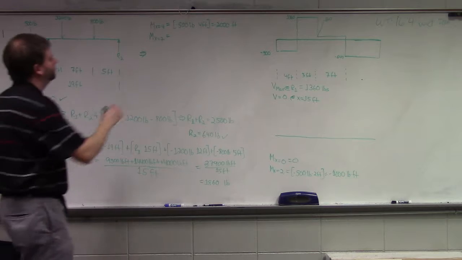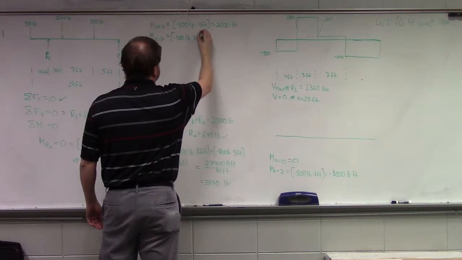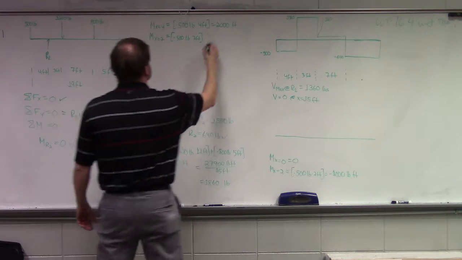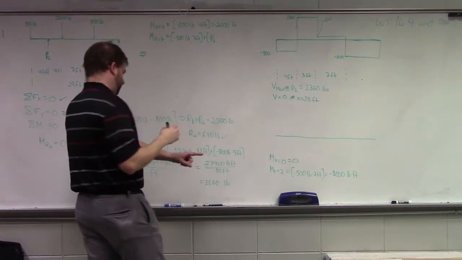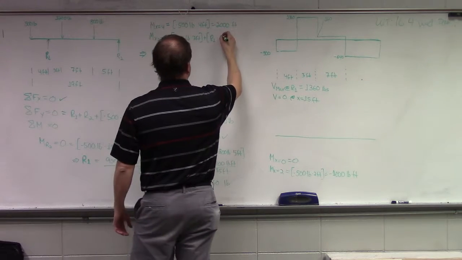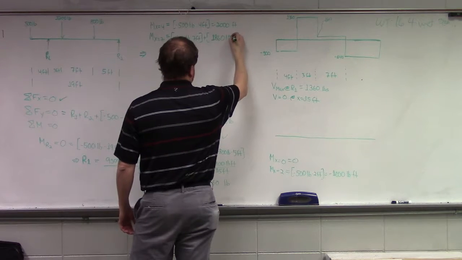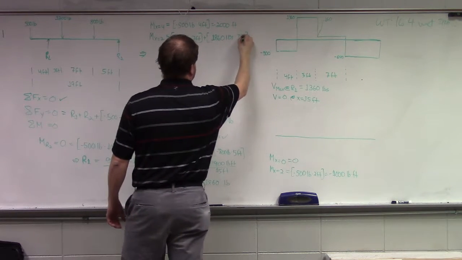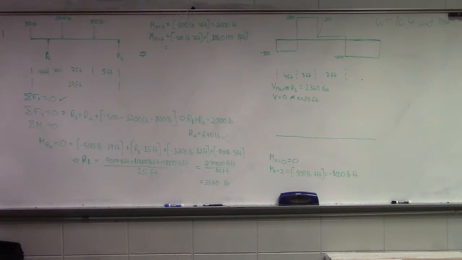Negative 500 pounds times 7, plus, what's R1 again? R1's 1860, plus 1860 times 3. Is that negative though, because it's to the left, because we're talking about at 7 feet? Keep in mind, we're talking about moments, so how it's trying to rotate.